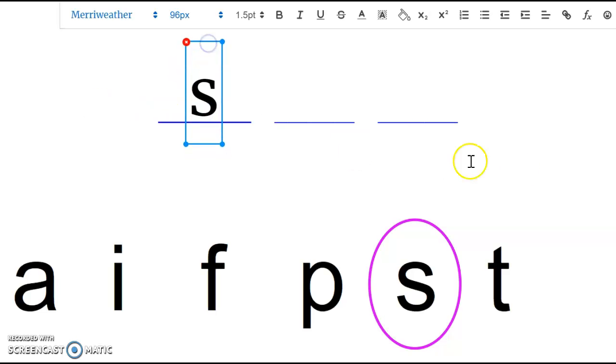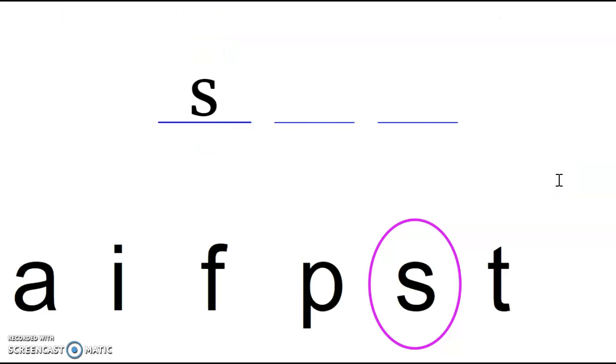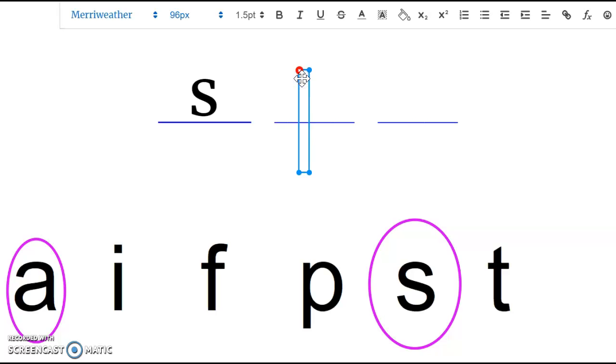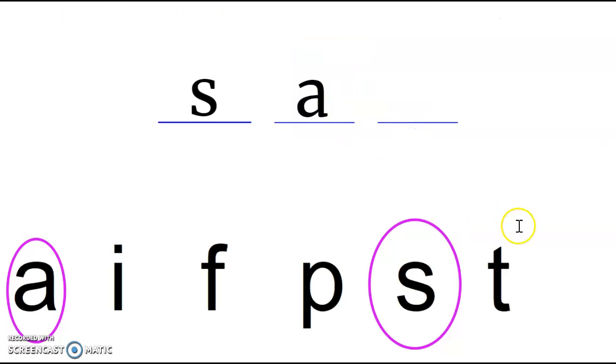Our second letter makes the A sound. Which letter below makes the A sound? If you said letter A, you're correct. Letter A is the second letter of our word. So right now we have S-A. The last letter in our word makes the T sound.